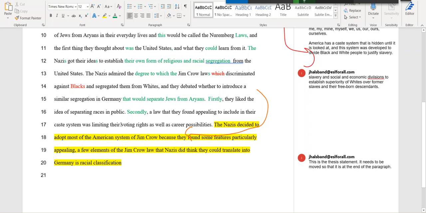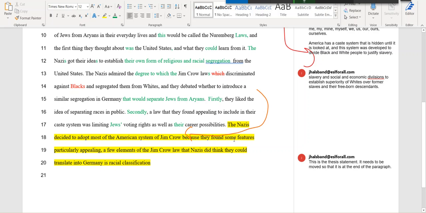Here, limiting the voting right is not specific enough, so it's hard to tell who's voting. Jews' voting rights, as well as their career possibilities.